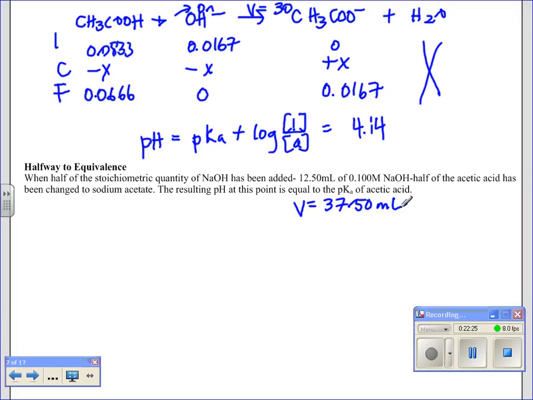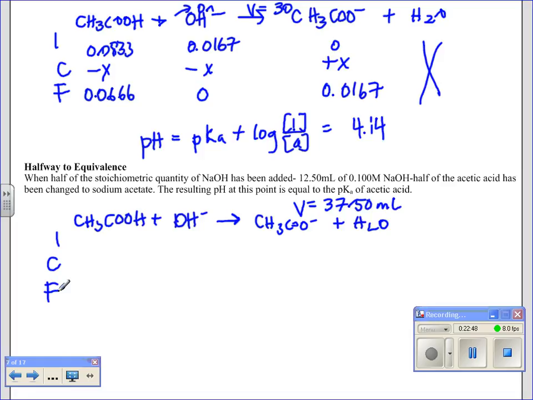So when you look at the halfway to equivalence point, you're going to notice that this is a really special point in the titration, and it will eventually become a very quick calculation. When we've added 37.5 milliliters, our initial concentration of the vinegar is 0.0667.